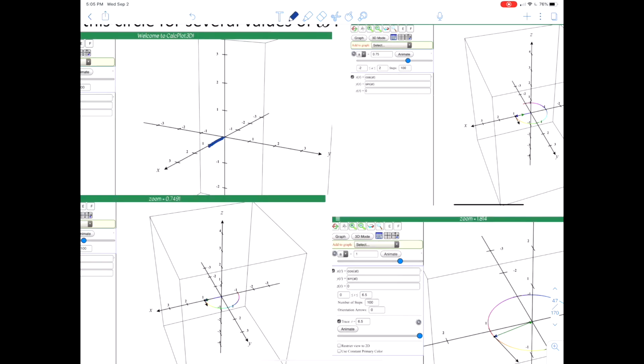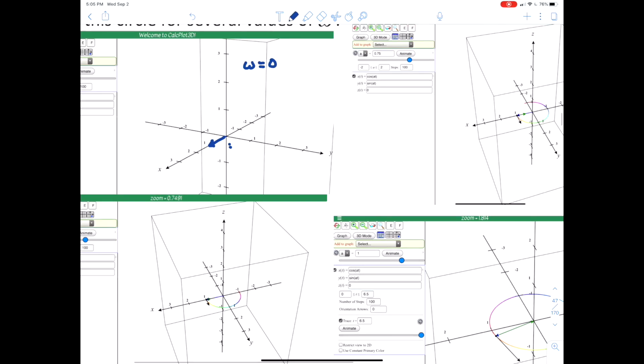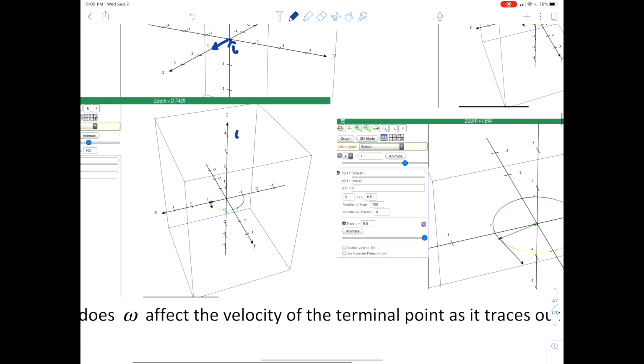This was when omega was equal to 0. So we ended up with just the vector i, right? And then when we let omega equal 1/2, we ended up with halfway around the circle here, right?